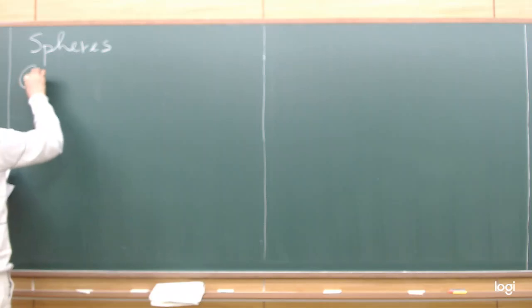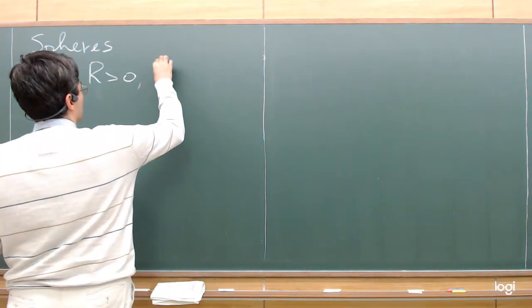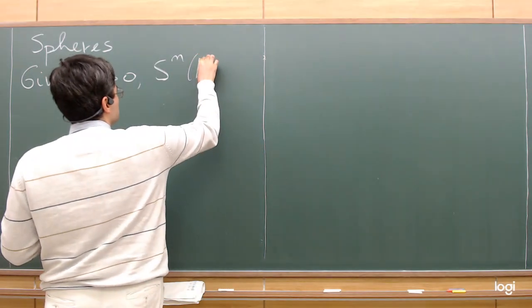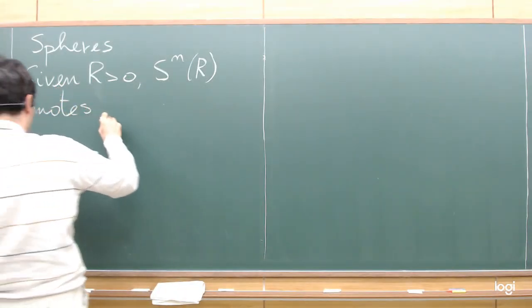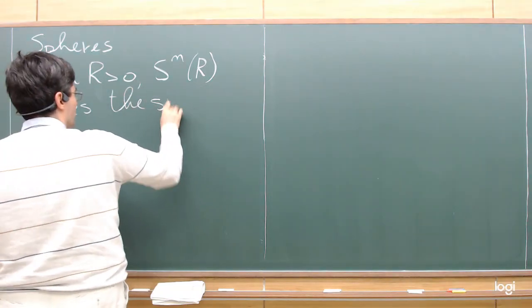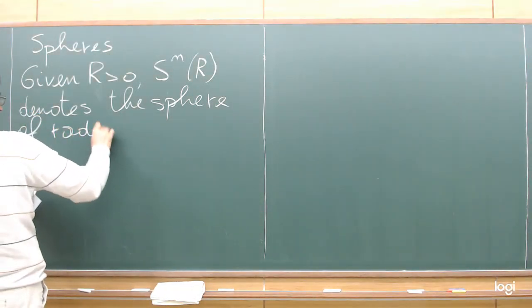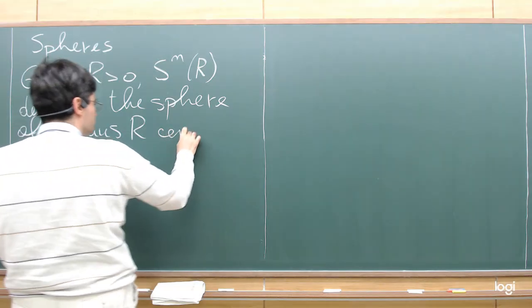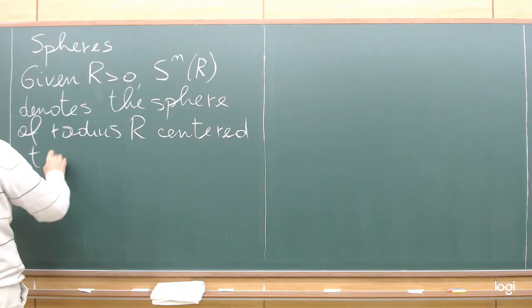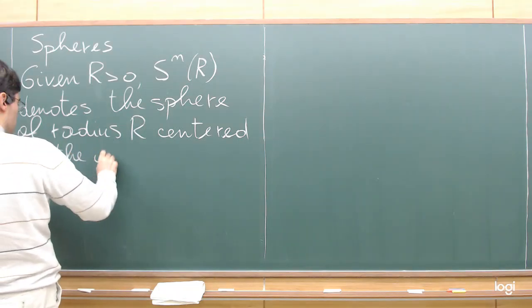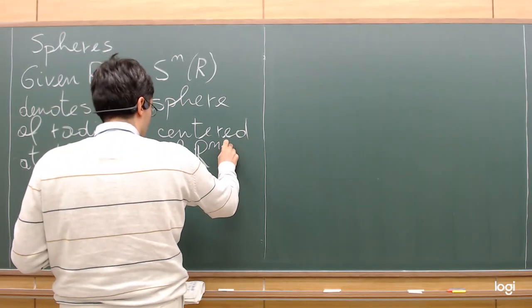So given R positive, S^n_R denotes the sphere of radius R centered at the origin of R^{n+1}.